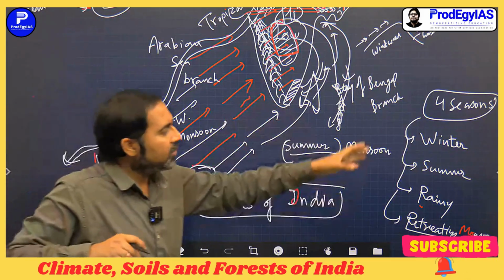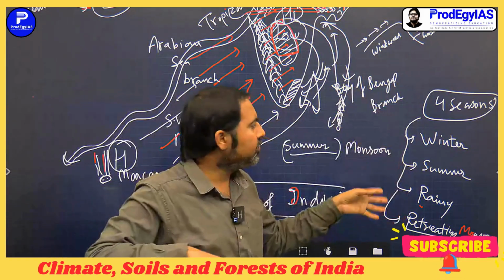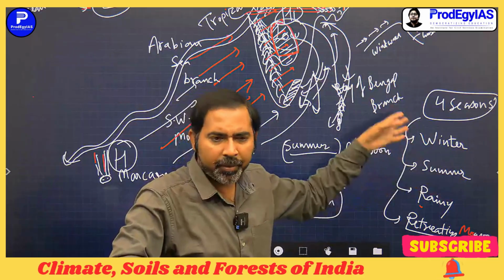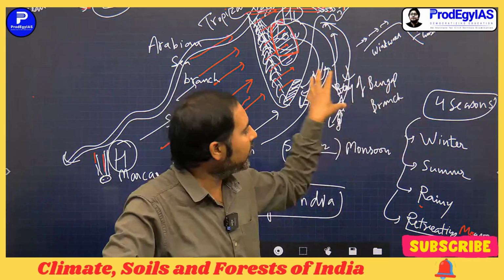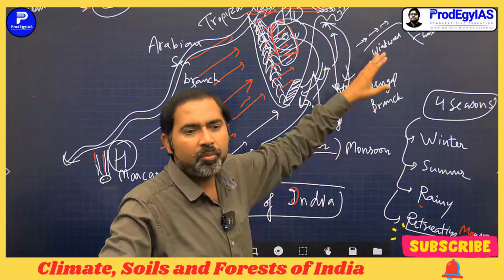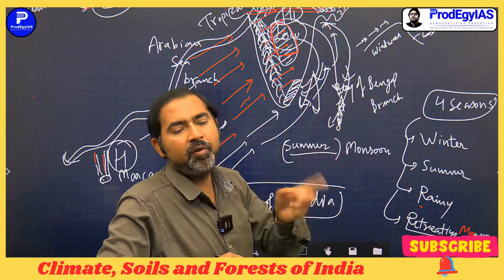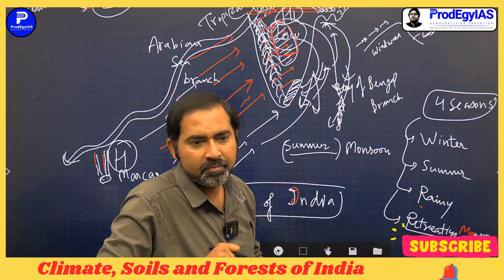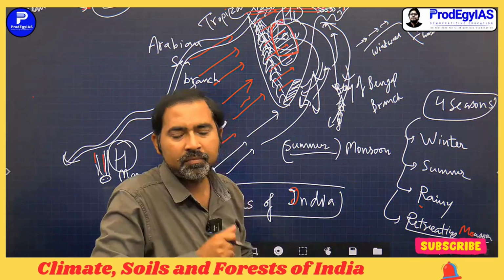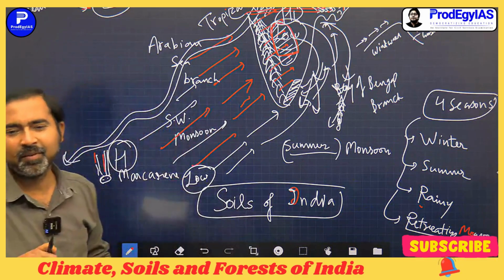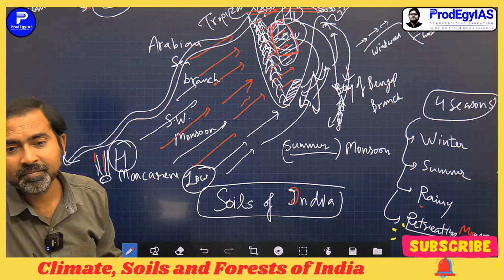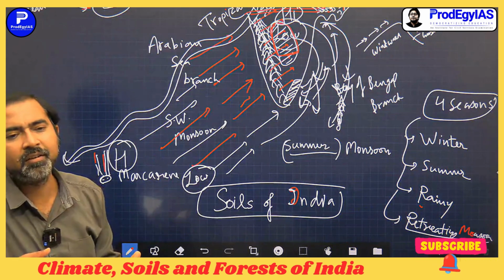So these are the 4 seasons, and you know that during the summer season there are tropical cyclones here. Some of the rainfall is also caused by those tropical cyclones, and that rainfall will be convectional.